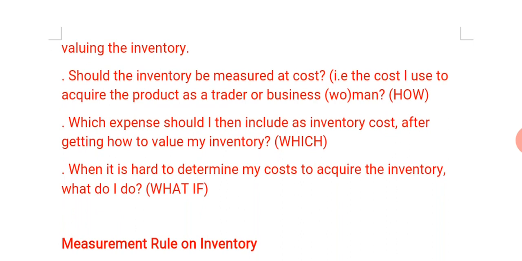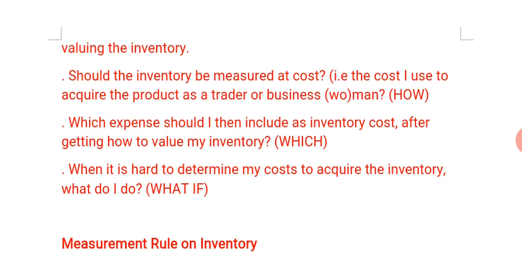If you are going there to collect the shirts, you pay transport fare, you pay for the shirt itself, you pay whatever tax you need to pay on the shirt if there are taxes by the government. Then you go back home or you go back to your business area.